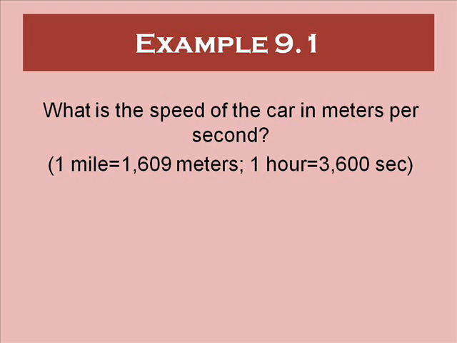This all goes back to what we learned in Module 1 about unit conversion. If you need to go back and review that, make sure you do, because we're going to start really putting that into practice, and it's important that you understand how to do that. So, assuming that the car was going 65 miles per hour, convert that to the speed of the car in meters per second. Pause the video, figure it out, and then when you're done, start the video again.